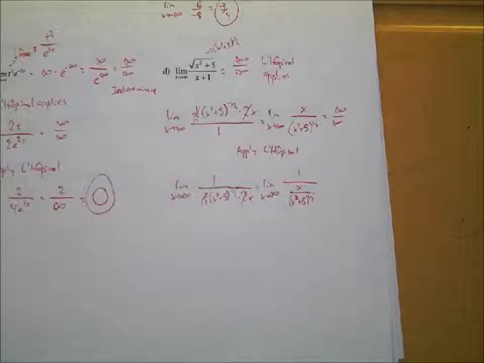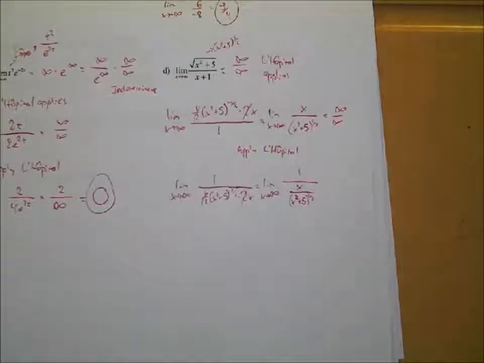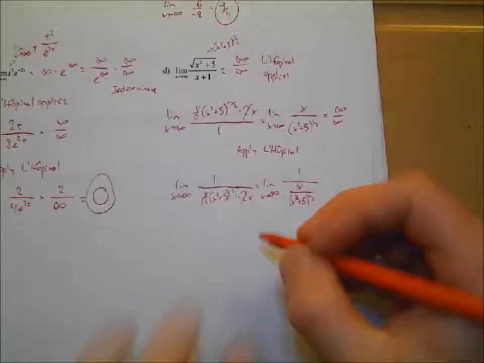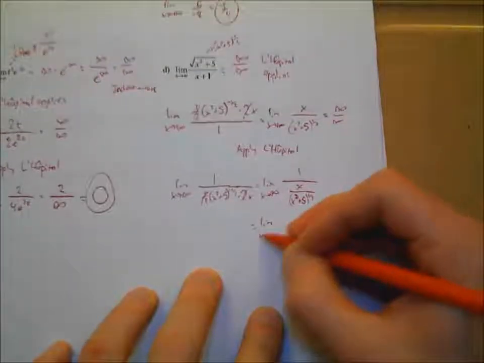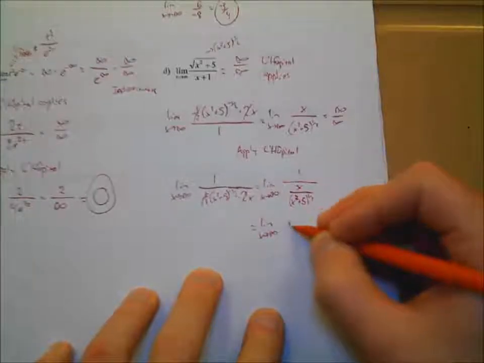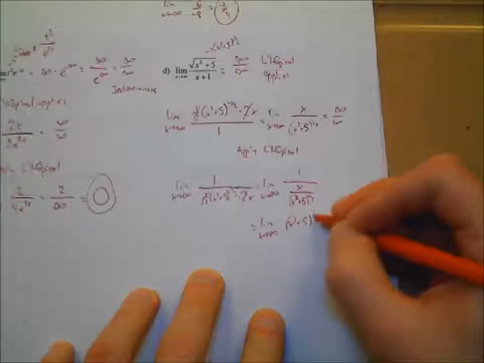Again, the 1/2 and the 2 can simplify. We will have the limit as x approaches infinity of 1 over x squared plus 5 to the 1/2.